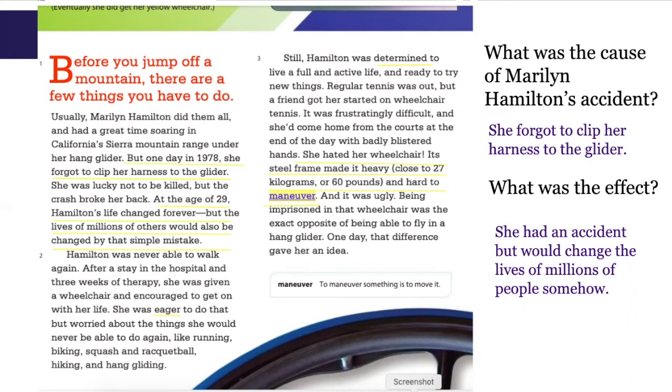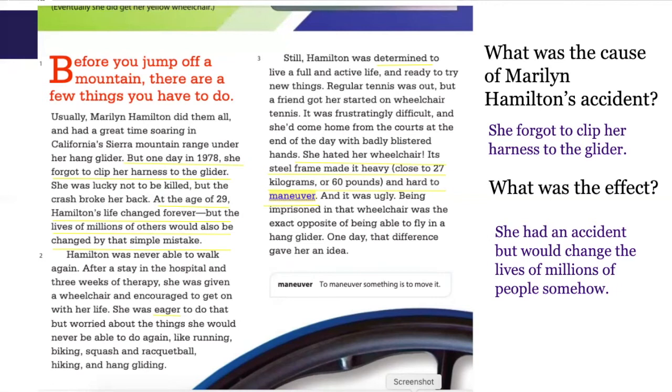The sentence says that the wheelchair was heavy, and I know that Marilyn was trying to play tennis, so I can infer that this word would mean to move. Let's replace the word maneuver with move and see if it makes sense. Its steel frame made it heavy and hard to move. Yes, that makes sense in context.